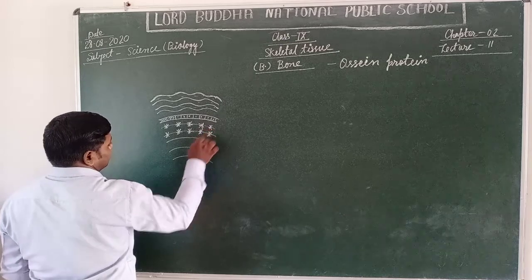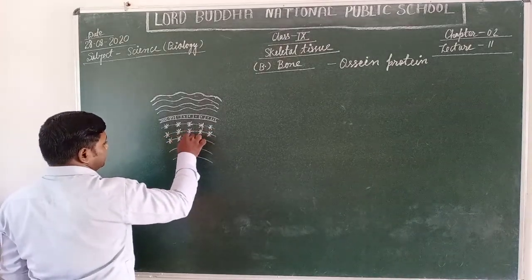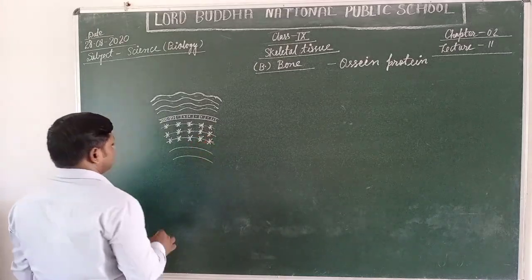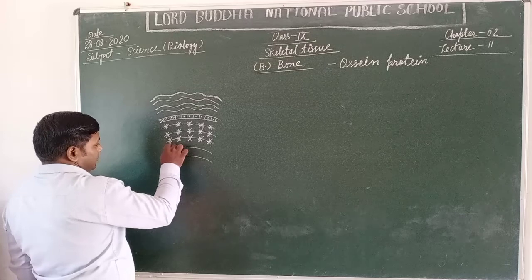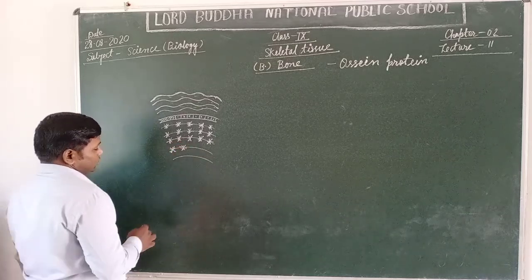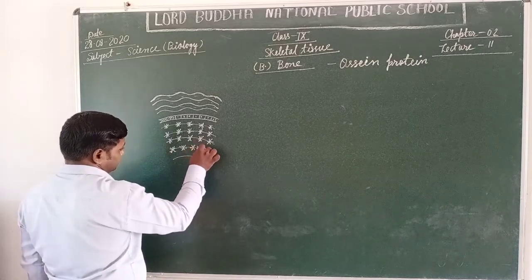These are the arrangement of osteocytes on the lamellae. Around the lamellae there is a space that surrounds the osteocytes that is called lacuna.